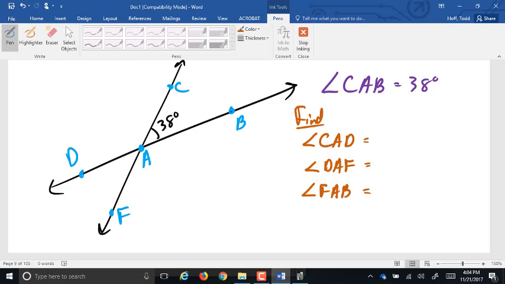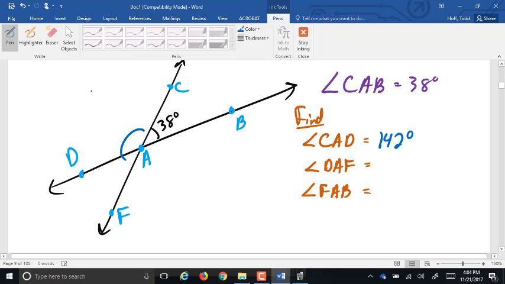So what does angle CAD have to be? 142, yes. 180 minus 38 gives you 142. How about DAF? 38 degrees.